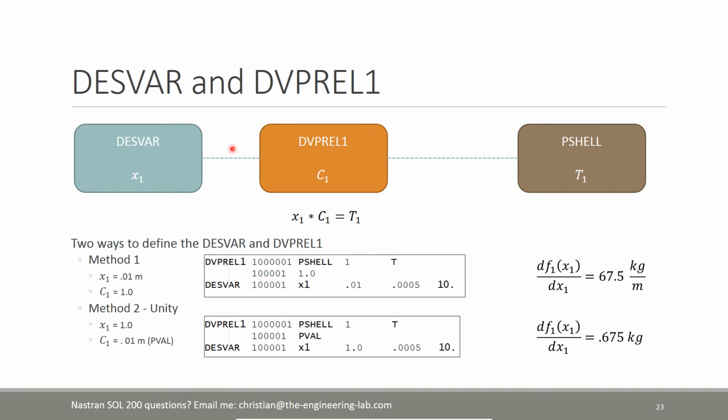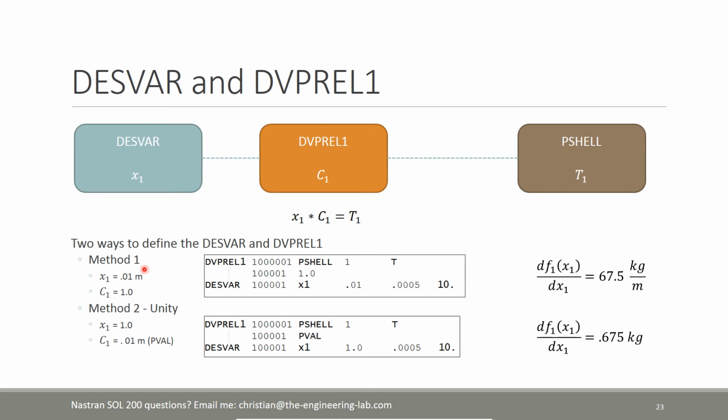Again, remember that when you specify a design variable, it's the combination of a DESVAR and a DVPRO1 entry. The DESVAR entry is what defines your actual x variable. The DVPRO1 is what defines your constant term, C1, and your PSHELL would have your parameter of thickness. This expression is very important. Remember that.